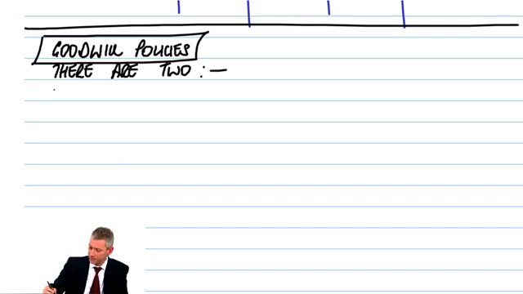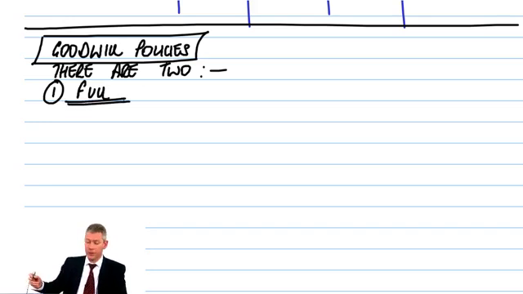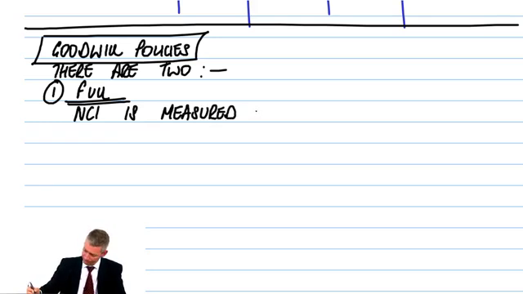So, here we go. Full and partial. Full goodwill: NCI is measured at fair value. Very simple.